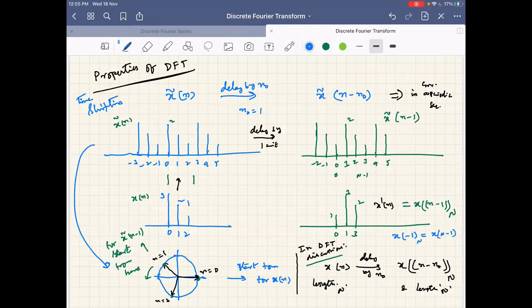Please note that we want to get the whole information from this x of n itself, which is with us, for shifting and so on, considering the underlying periodicity for the DFT discussion.